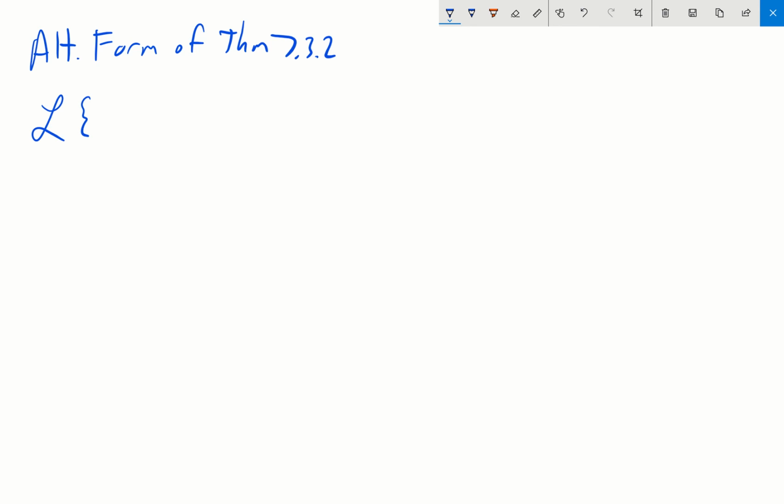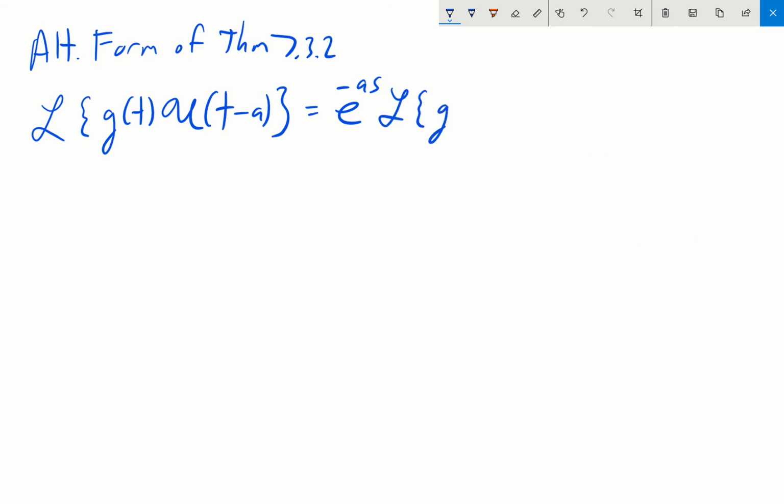But let's suppose we have the Laplace transform of g of t times u of t minus a. Another way that we can write this is as e to the negative as, and then the Laplace transform of the shift g of t plus a.